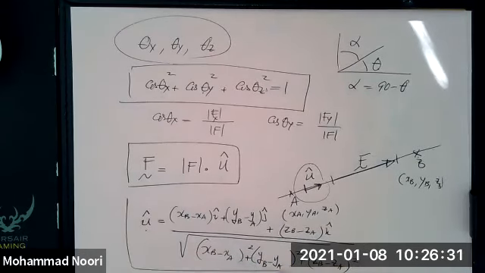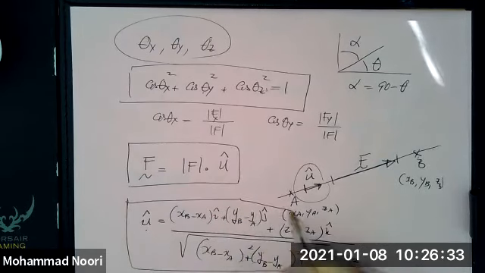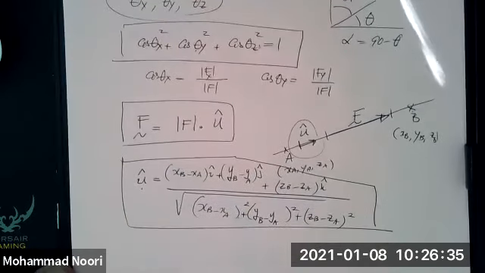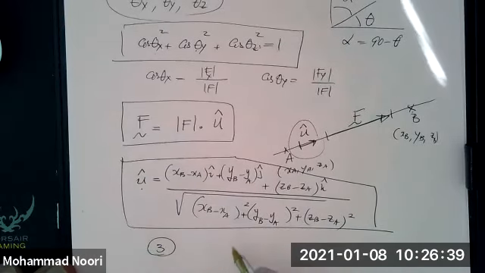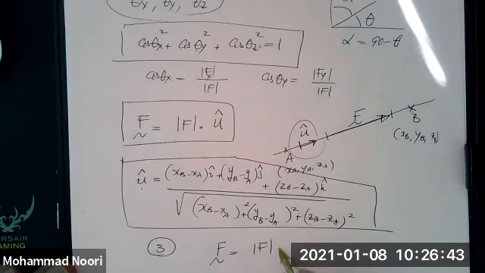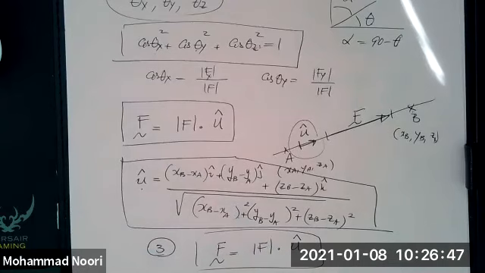So this is the vector equation for a unit vector. And therefore, the third alternative form for the equation of a force in space can be simply written like this.